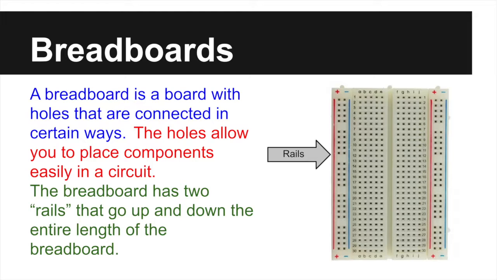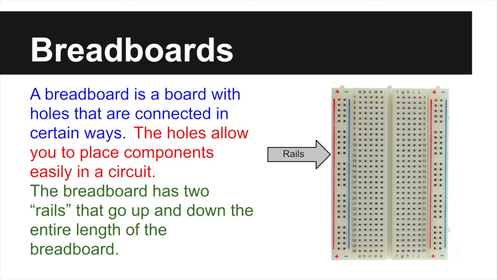The rows, rather than going vertically up and down, go horizontally left and right. So if I were to apply power to row 1A, I would also get power out on 1A, B, C, D, and E. So all 5 of those would get power.